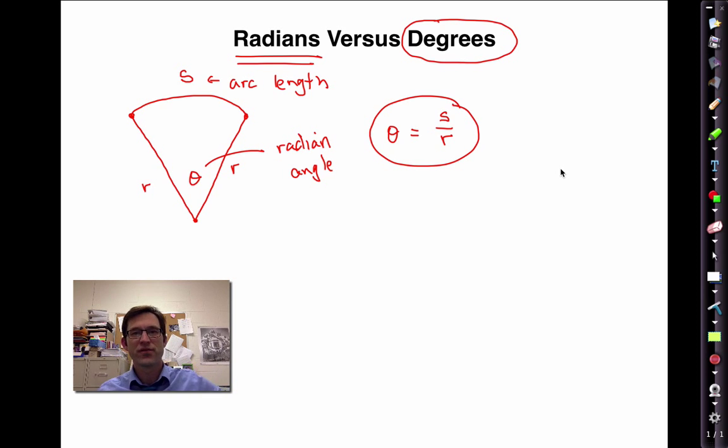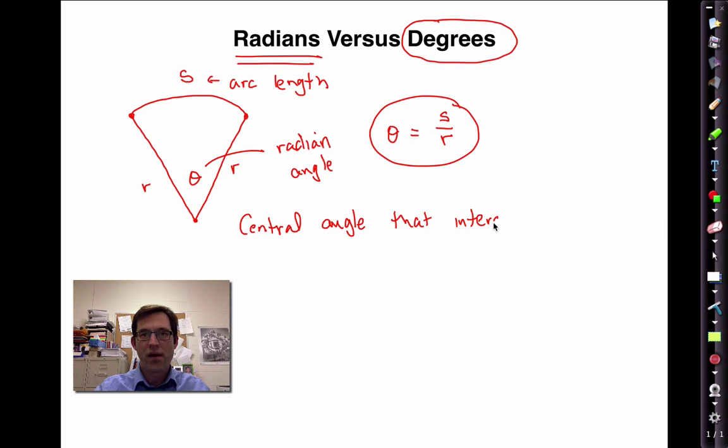For instance, you might get a problem that says something like, we have a central angle that intercepts an arc of length, let's say 24 inches.